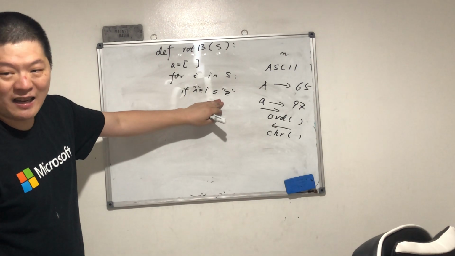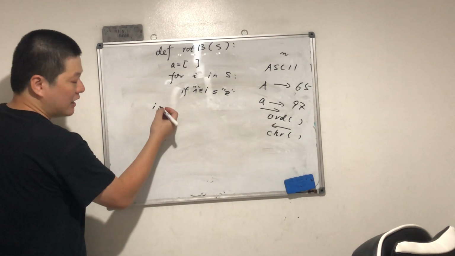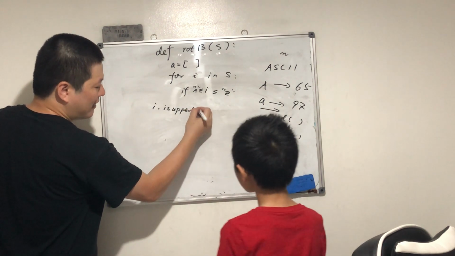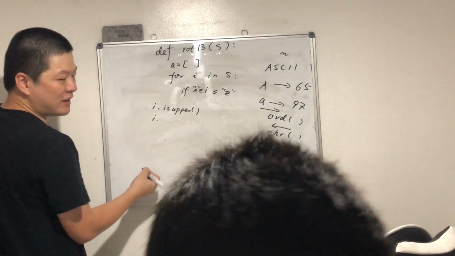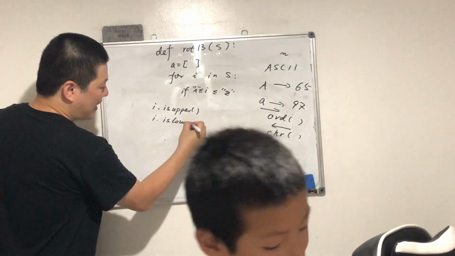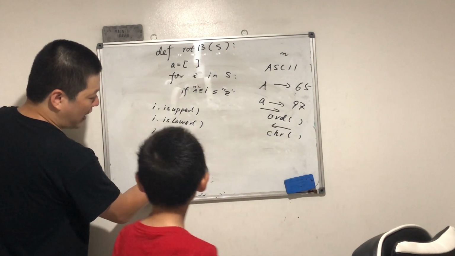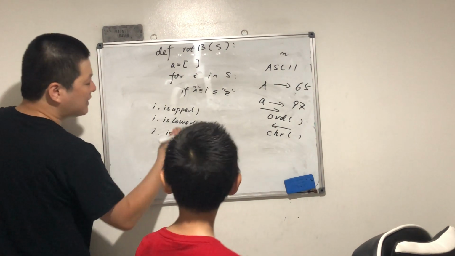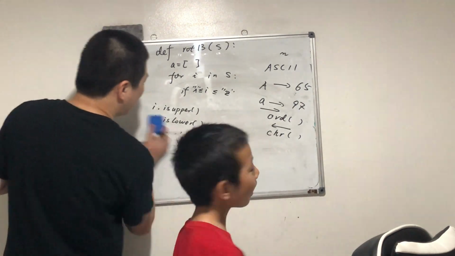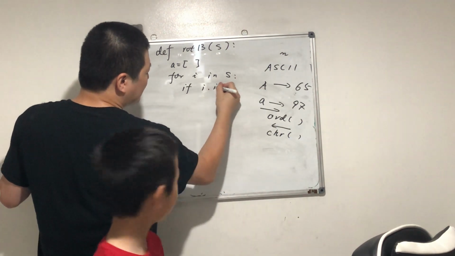But you can also write i.isupper(). And if it is lowercase, i.islower(). And if it's either uppercase or lowercase, you can do i.isalpha(). That means it's a letter, it could be uppercase or lowercase.